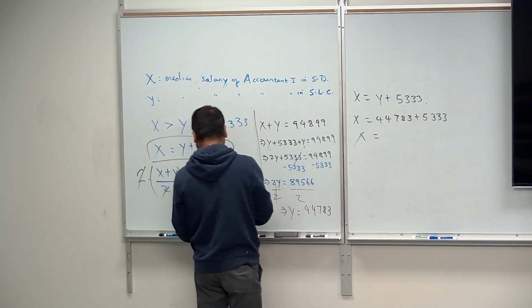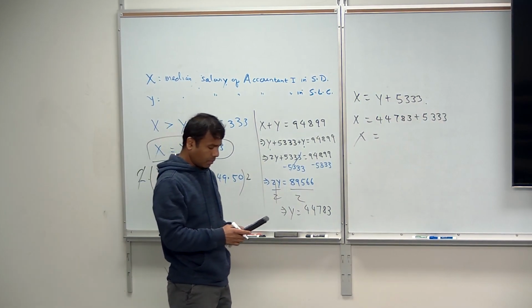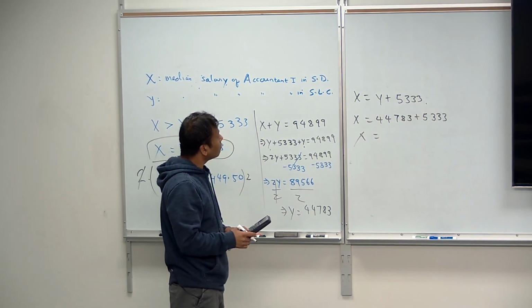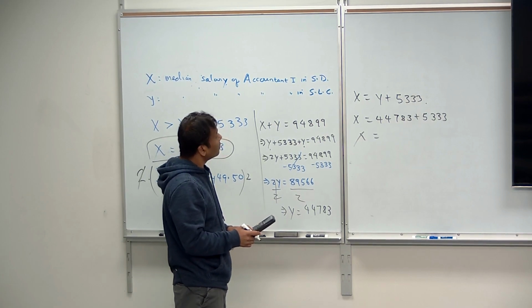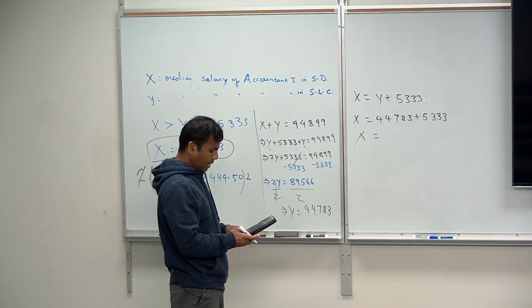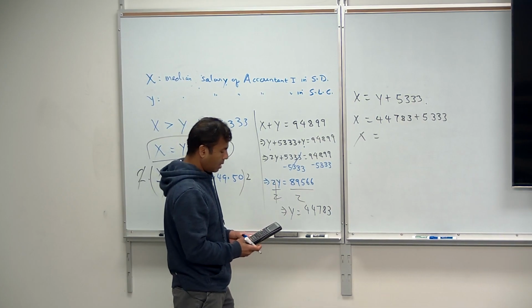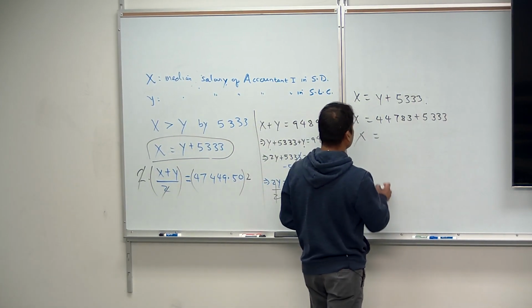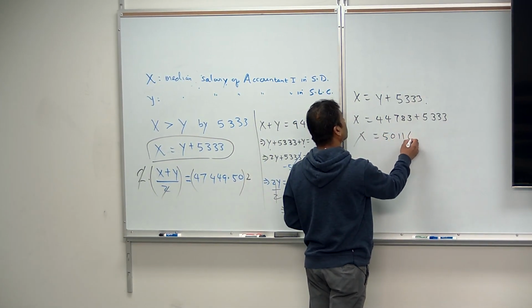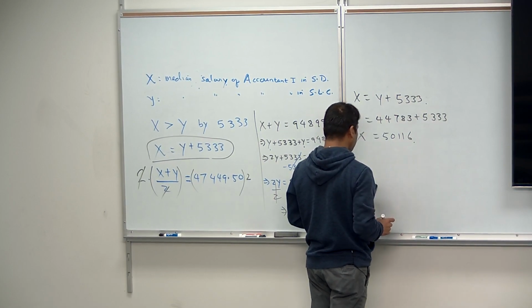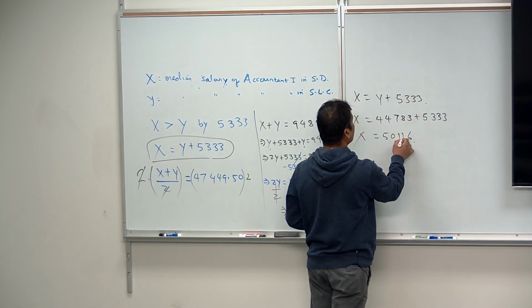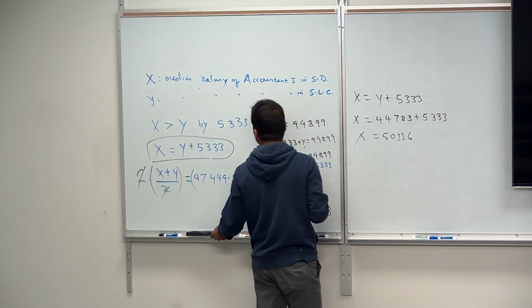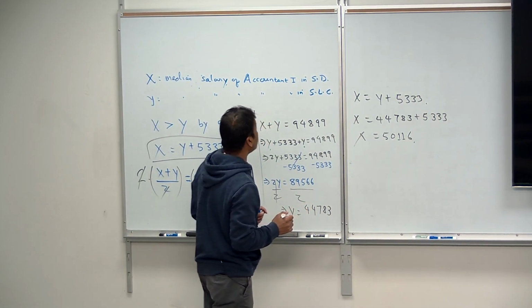So what is the value of X now? 44783 plus 5333 is equal to 50116. So this is the median salary, right, of accountant I in San Diego.